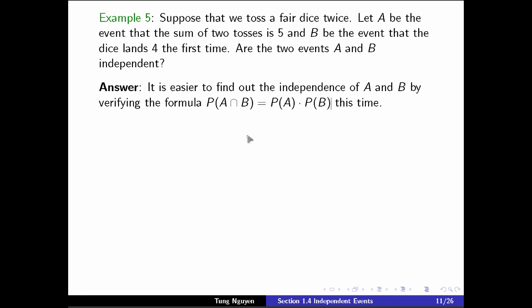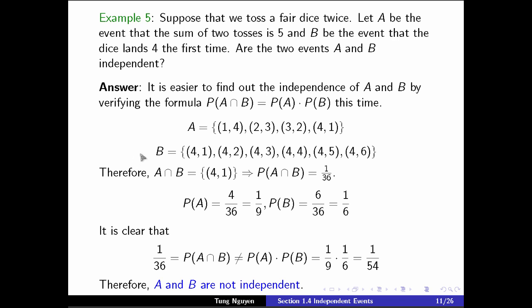This time it will be easier to use this to verify this formula, because we can clearly find the elements in A, B, and then the intersection of A, B. So we have A as this set, because the sum of the two tosses is 5.